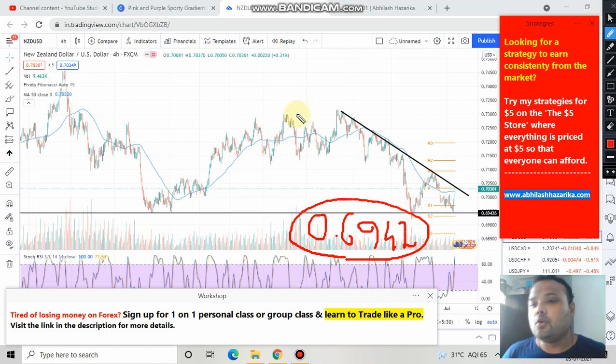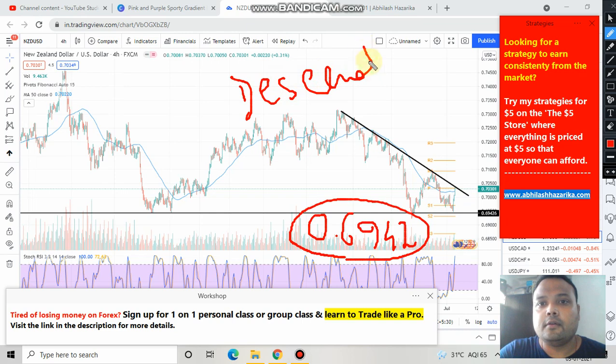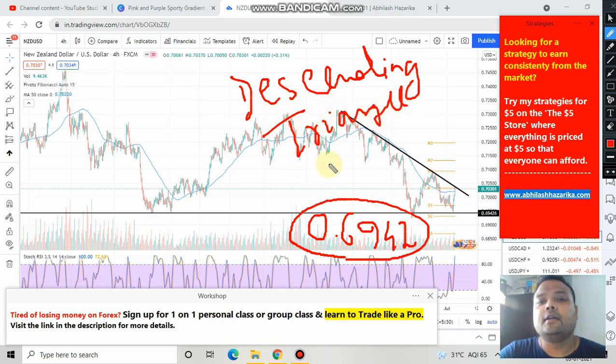But if we just look at the structure here, then we can clearly see that this is a, sorry about the bad handwriting, descending triangle pattern.